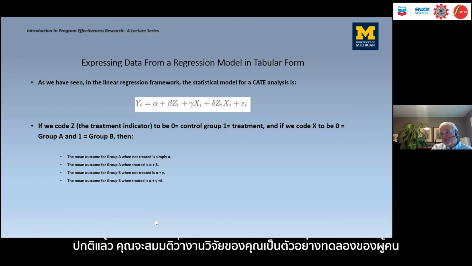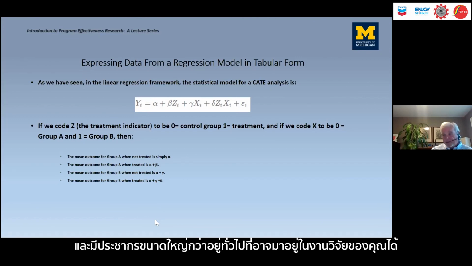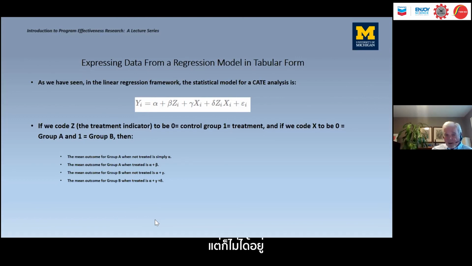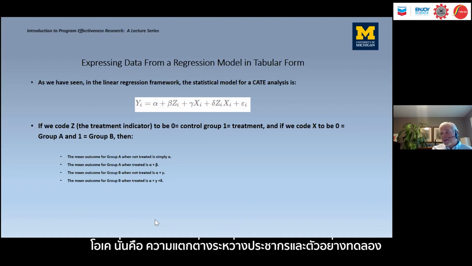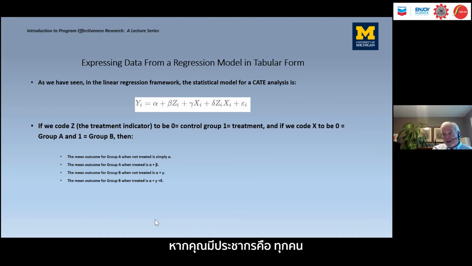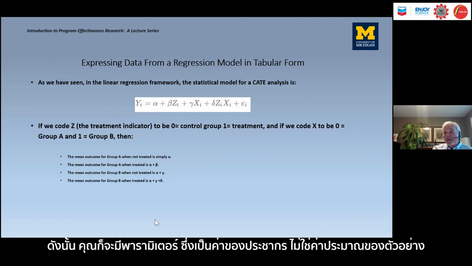You usually are assuming that your study is of a sample of people, and there's some larger population out there that could have been in the study but weren't in the study. Okay, that's the difference between population and sample. If you have a population, everybody, there is no need for inferential statistics because you have a population, so you've got the parameter, not the estimate.